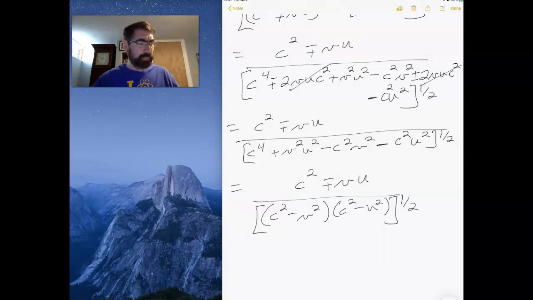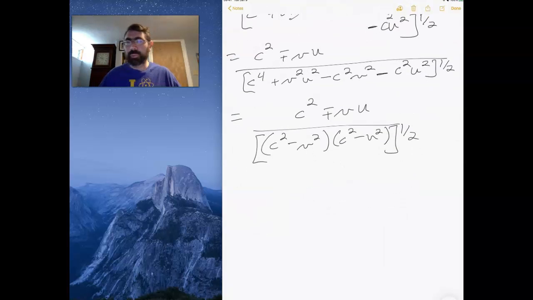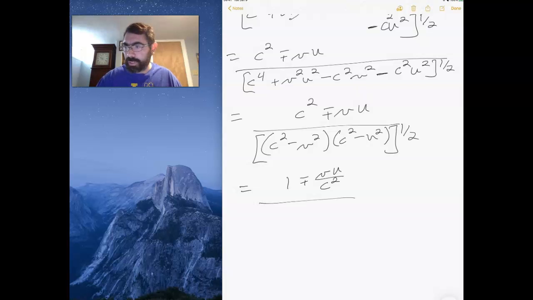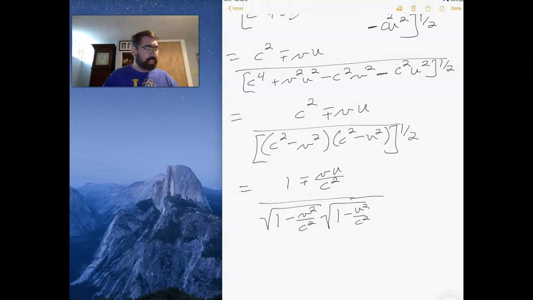Okay, so now if I divide the numerator and denominator by c squared, I would get 1 ∓ v times u divided by c squared, over the square root of 1 minus v squared over c squared, times the square root of 1 minus u squared over c squared, like so.